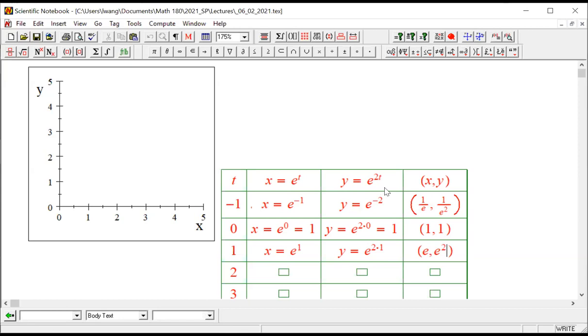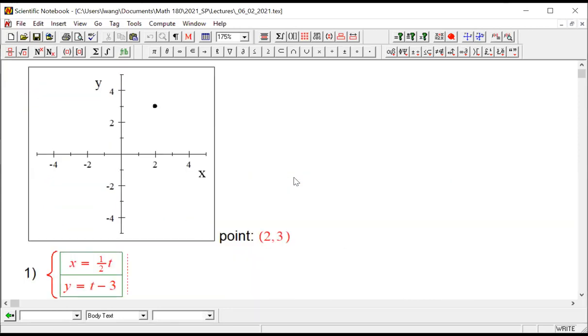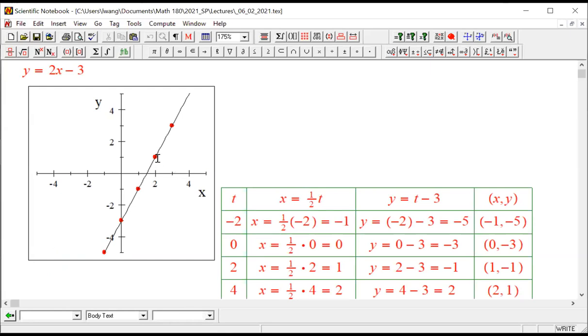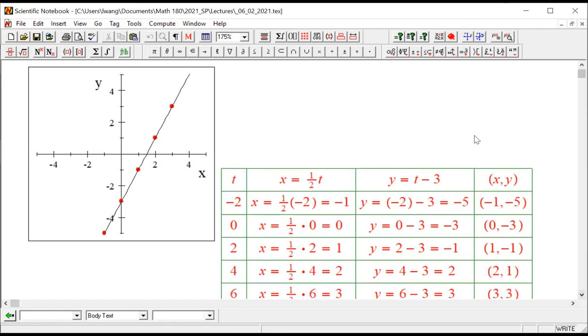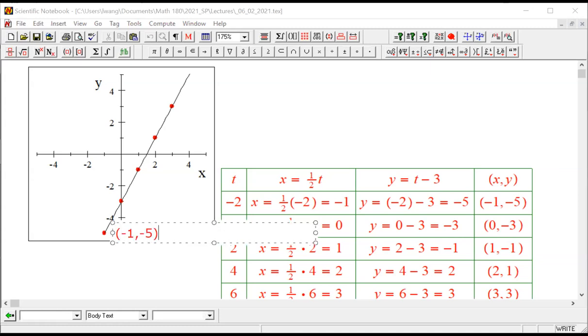Okay, you guys, we should mark the points. Like the previous picture, actually, I didn't mark it, but please mark these points. Hold on, let's go back a little bit. I should do the example myself because I require you guys to do it. Okay, you need to mark the points for me. The first point is -1, -5.